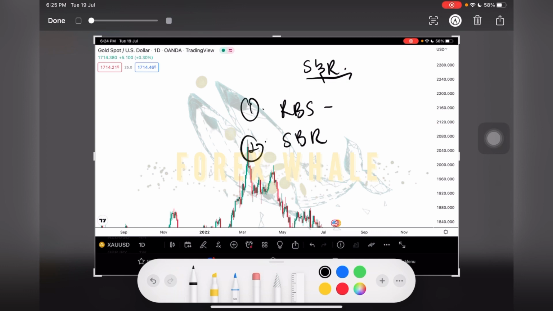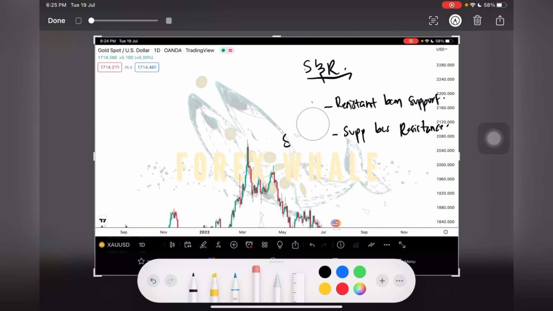RBS is resistance becomes support. SBR is support becomes resistance. Very simple, very straightforward.